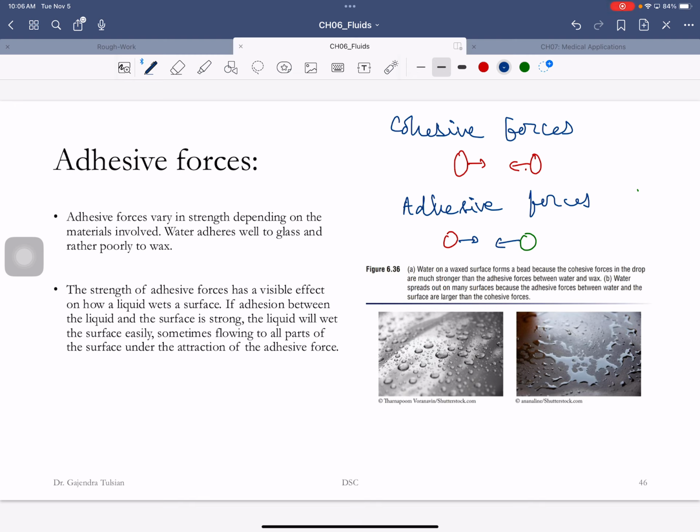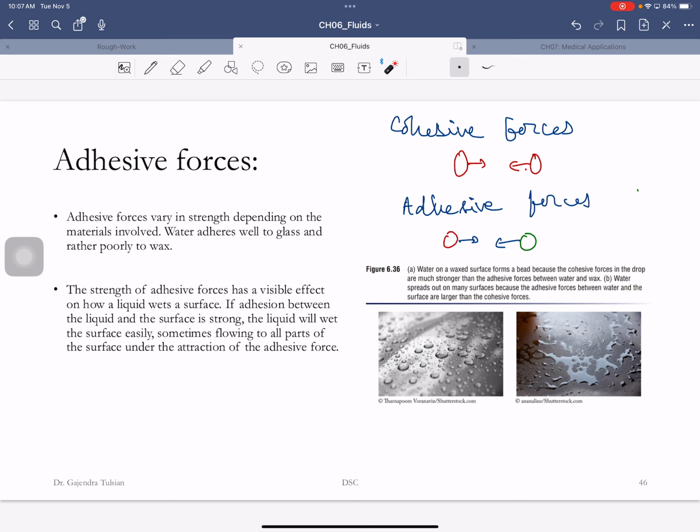Okay, so here's what happens. Here's water droplets on a wax surface. When the cohesive forces are larger than the adhesive forces, then you have droplets forming like that. The surface is not wet as much. When the adhesive forces are larger than cohesive forces, then the water will spread. Okay, so this is an unwaxed surface.